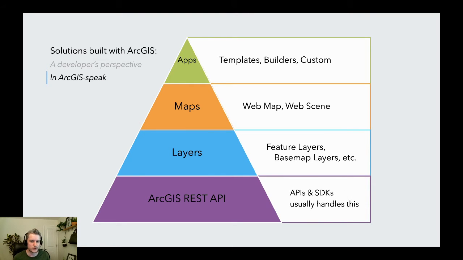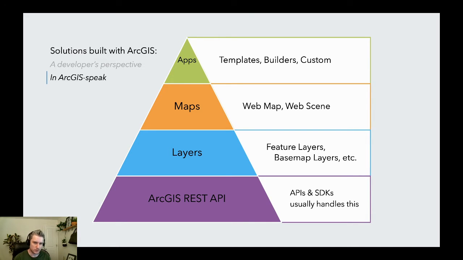And so to translate this a little bit into ArcGIS speak, and maybe give some context to some of the words I'll be using or have used or you'll see on the screen. Again, the REST API is a set of web services that you can use directly over HTTP, right? So you could fire up Postman on your machine and hit the REST API directly and get back information, or send curl requests, or send HTTP requests from your .NET application or your iOS application.